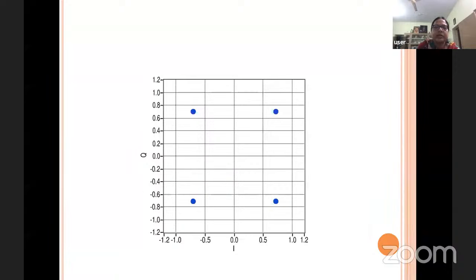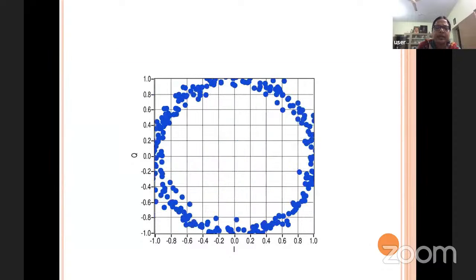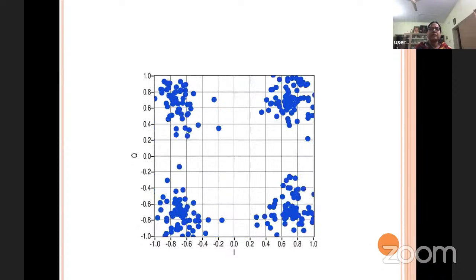So my transmitted constellation diagram, my received constellation diagram. I forgot to mention at what SNR this constellation diagram looks like. And the power is also increased. When the power is increased, the constellation is localized to their respective positions. Even if you further increase the power levels, the constellation diagram is isolated to their independent locations.